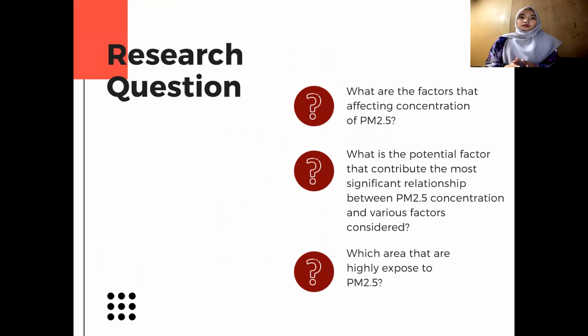The research questions are: what are the factors that affect the concentration of particulate matter 2.5? What is the potential factor that contributes the most significant relationship between particulate matter 2.5 concentration and the various factors considered? Which areas are highly exposed to particulate matter 2.5?